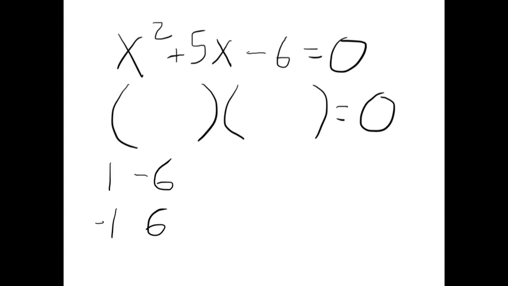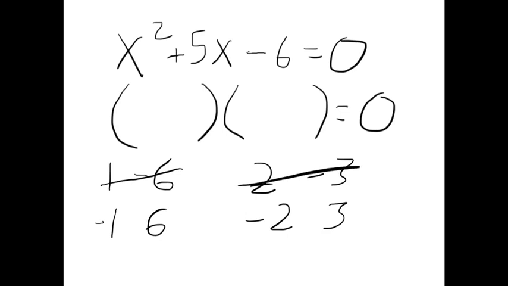When I add 1 minus 6, well, I could also have 2 and negative 3 and negative 2 and positive 3, and those look like they'd be involved in adding together to get 5. But let's see which one of these works. 1 plus negative 6, that would be negative 5. 2 plus negative 3, that would be negative 1.